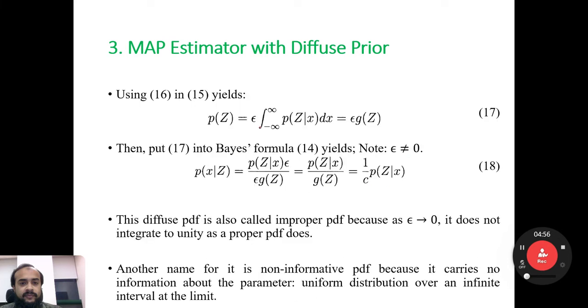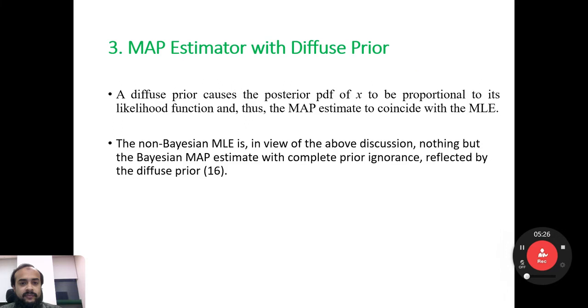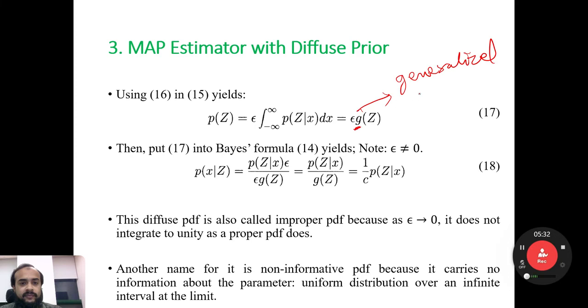We just replace P of X with epsilon in Bayes theorem, as well as in the total probability theorem. So this will equal epsilon times G of Z, where G is just any function, showing that this is a generalized normalization value.